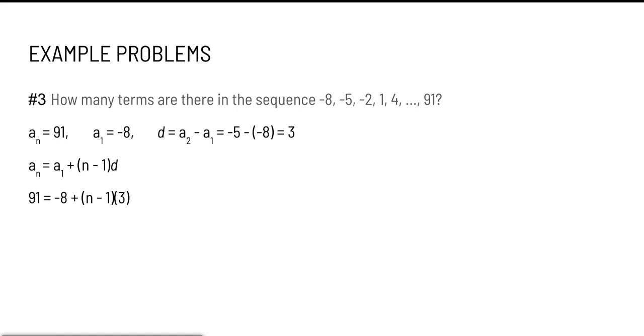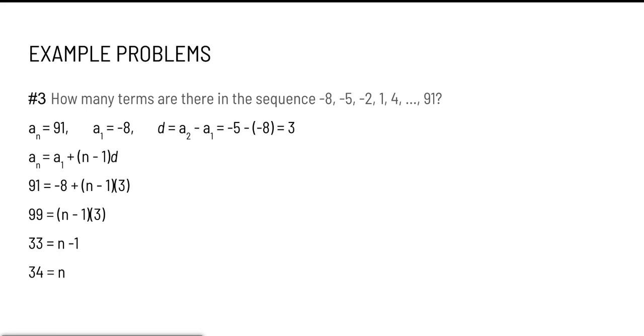So first, we add 8 to both sides of the equation, which leads us to 99 is equal to n minus 1 times 3. And then after that, we divide both sides of the equation by 3, which gives us 33 is equal to n minus 1. And then add 1 to both sides of the equation to cancel it out and leave us with n equals 34.